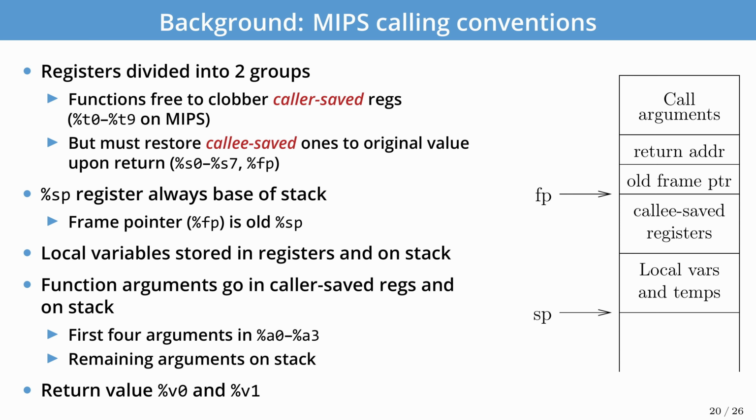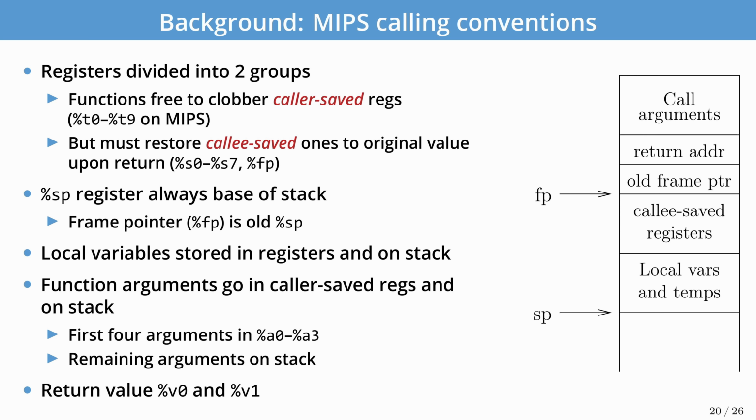Each function is able to use all of these registers, the T and the S registers, to store local values. If local values don't fit in all the registers that we have at our disposal, we can place the remaining local values on the stack itself after all the other state of the stack.